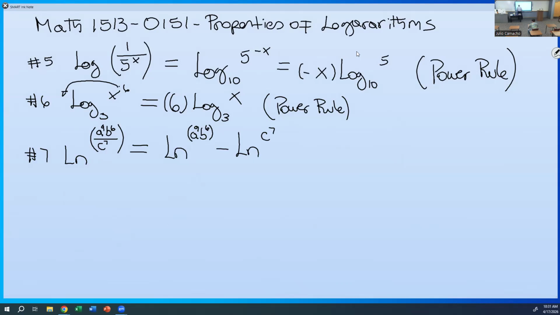So now we went through the first expansion of this logarithmic expression, and what we used was the quotient rule.